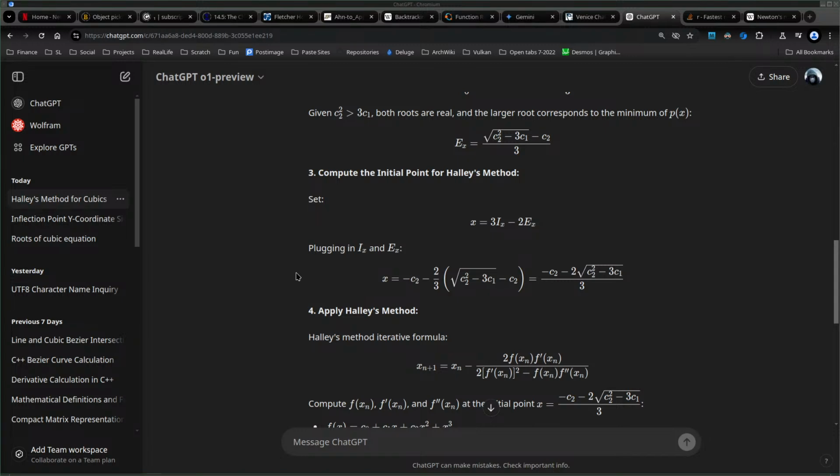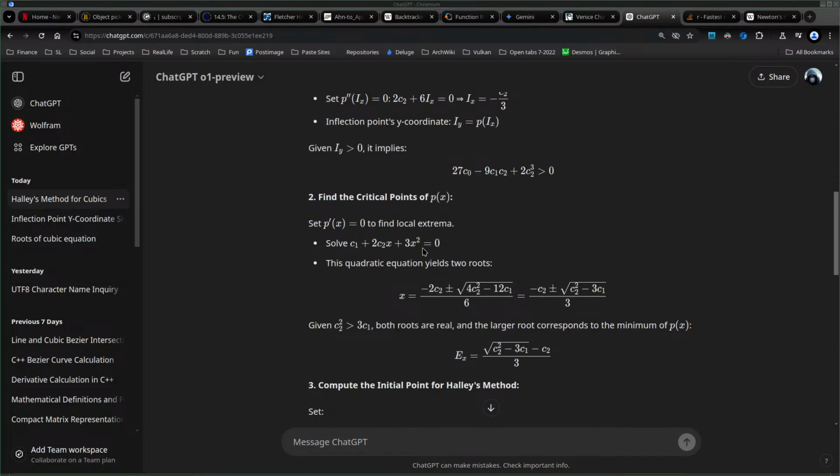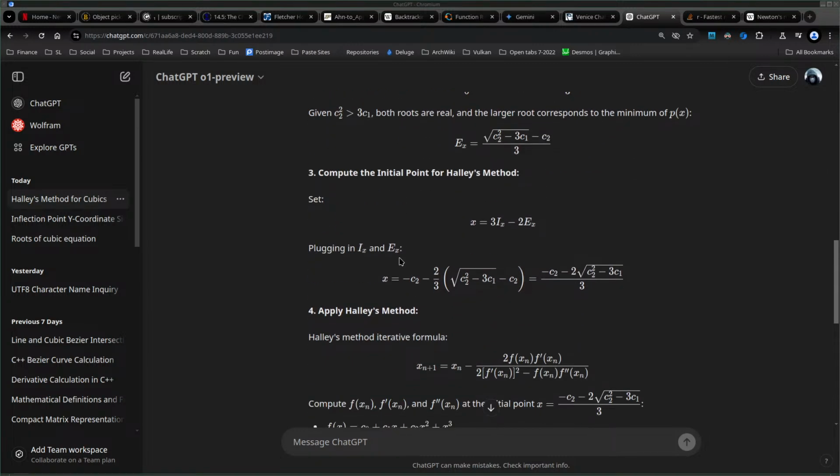This is losing me here. Oh, this is minus C2 divided by 3, yeah. Yep, 2 times 3 is just minus C2. Correct.